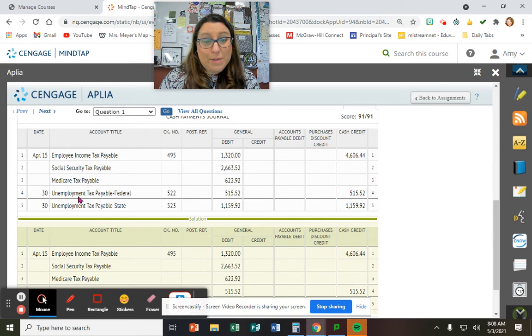Now, the unemployment taxes are just due the end of the following month. That's why this is the 30th for these dates. So unemployment tax payable - federal is what you'll type next. It's check 522 for 515.52. And so the cash credit just matches because that's just a single line item.